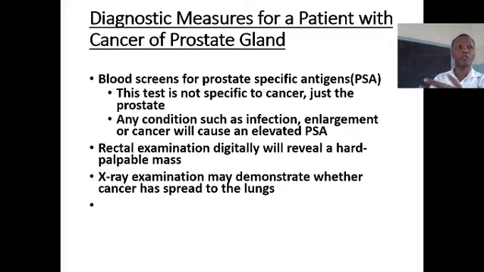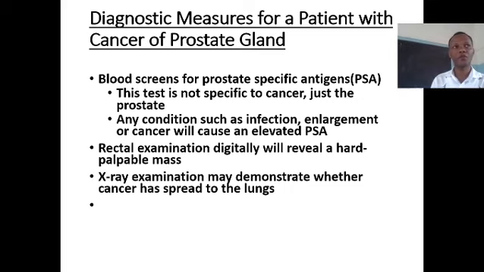Now after getting those symptoms, what will we do to make sure that this is really prostate cancer? First, as a diagnostic measure, we do blood screening for prostate specific antigen, PSA. Remember, this test is not specific to cancer.